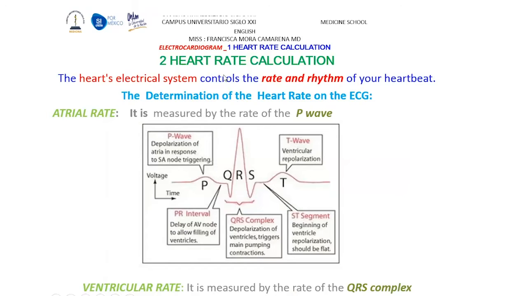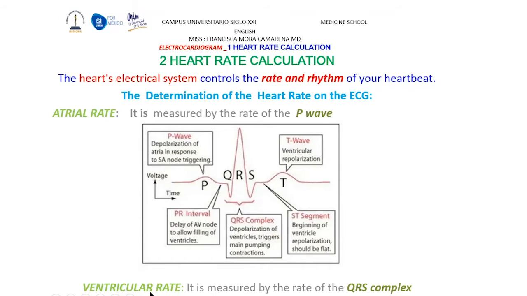Also remember that we must consider the heart rate calculation, because we might consider if it's a normal or abnormal sinus rhythm. If we are going to measure the atrial rate, we'll be considering the P wave.